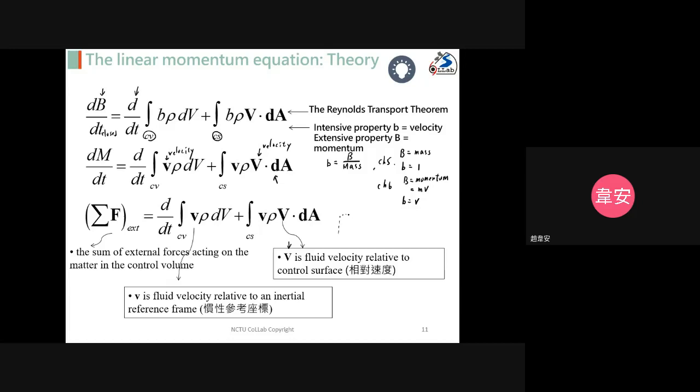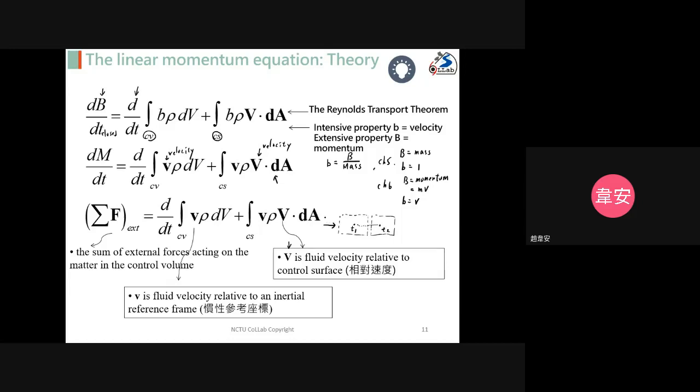So if this is our system and there is some flow coming in, this is the inflow. This is the control surface boundary at time t1, but maybe the control surface will move. This indicates the control volume changes with time to the next time step.